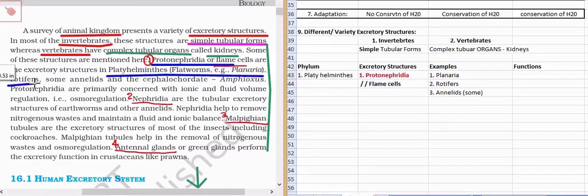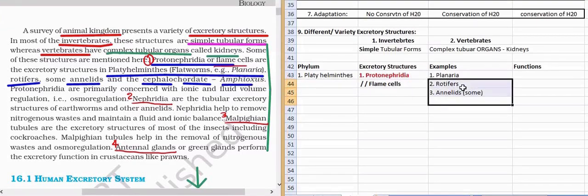Next, rotifers, the second example. Next, some annelids, not all, that's why I mention some annelids. Next is cephalochordate, a chordate. The example is Amphioxus. Let's write down the fourth example also.